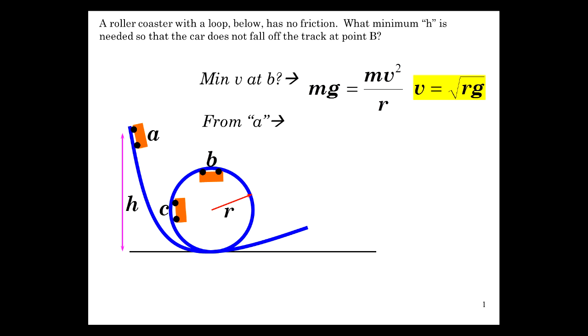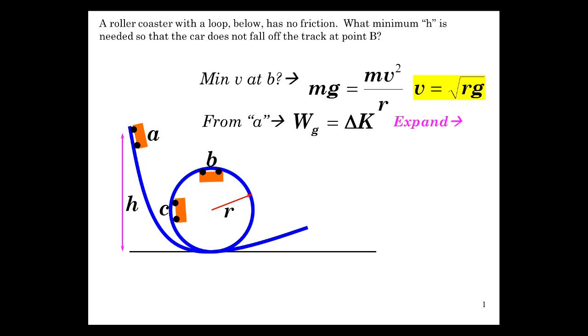So then from A, the work done by gravity, which is the only force doing work here, is delta K. And we'll recognize that in delta K, the kinetic energy is from the speed required at B that we just got.